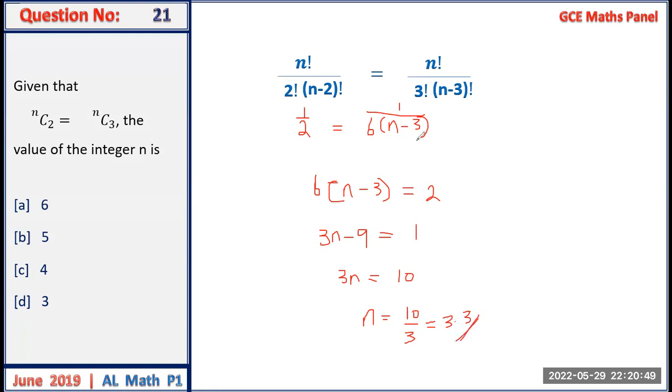It's 3 and 1 over 3, right? So it's 3.33. All right, so 3 and 1 on 3. However, I'm not sure we have the solution here.